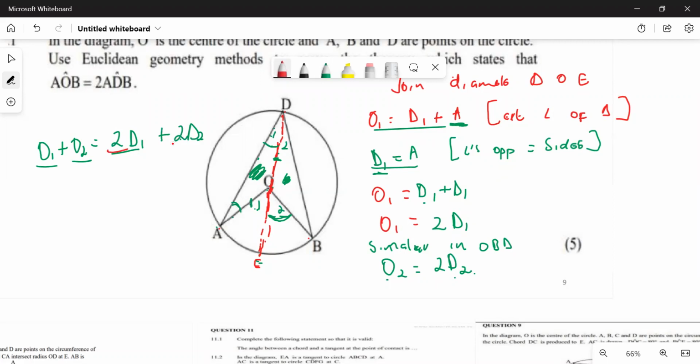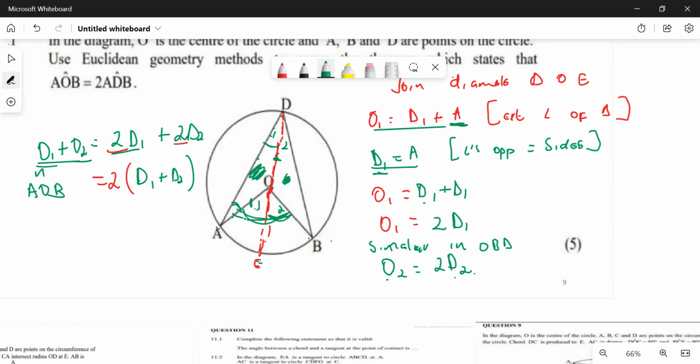If there's a 2 and a 2, you can say these two things are common, and you take out 2 as a common factor. Then you're going to be left with D1 plus D2, close bracket. And if you check this, O1 plus O2 is the angle they are talking about. It's angle AOB. So instead of writing this thing as O1 and O2, we can write it as angle AOB.